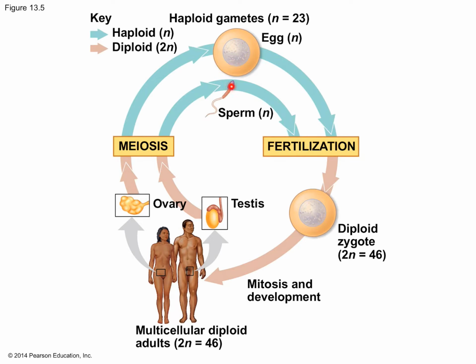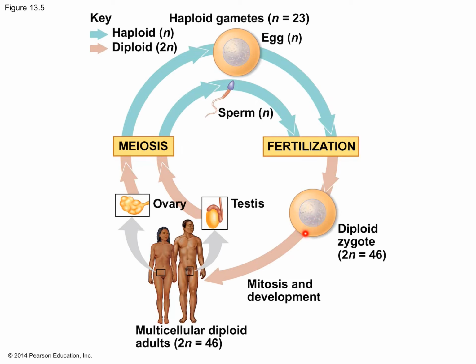So 23 single chromosomes here, 23 here, versus 23 pairs of chromosomes in each of these adults in all their cells, except for their gametes. At fertilization, egg and sperm fuse, and you get 23 in the sperm plus 23 in the egg, 46 in the zygote. That takes us back into the diploid stage.